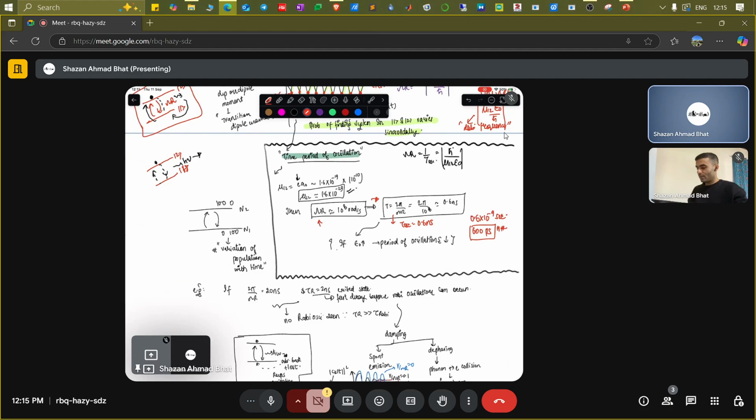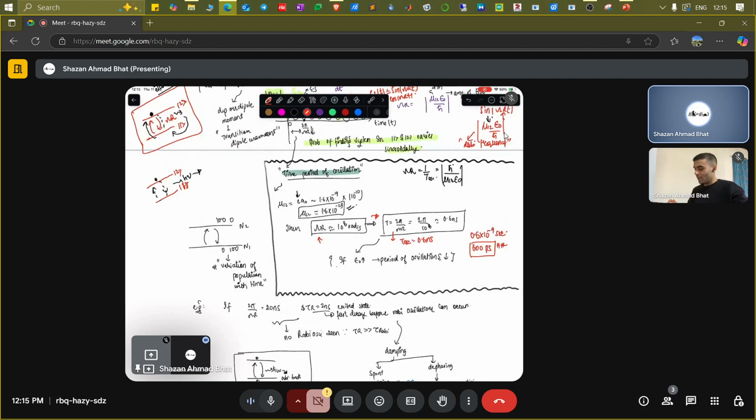But what you have to do in order to change this oscillatory time period? A simple picture tells you that if you want to decrease the period of oscillation, you increase the E naught, where E naught is basically the electric field amplitude. Which electric field? The electric field of the electromagnetic wave, the perturbation field.